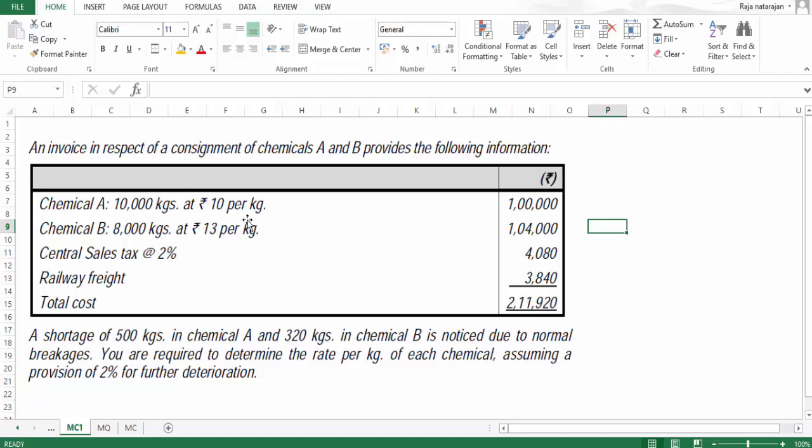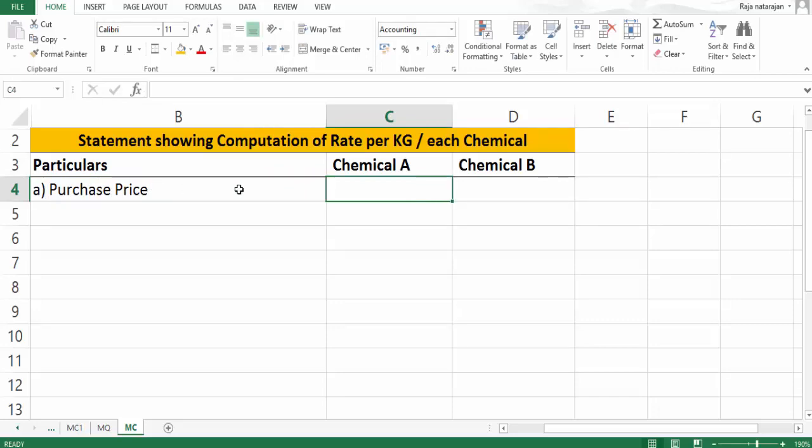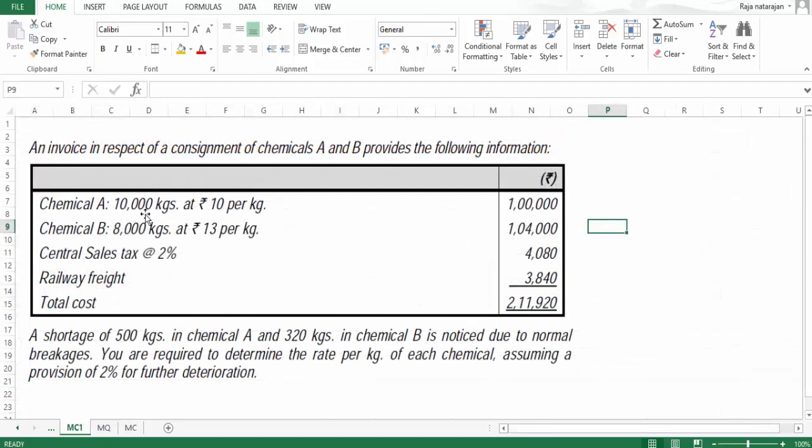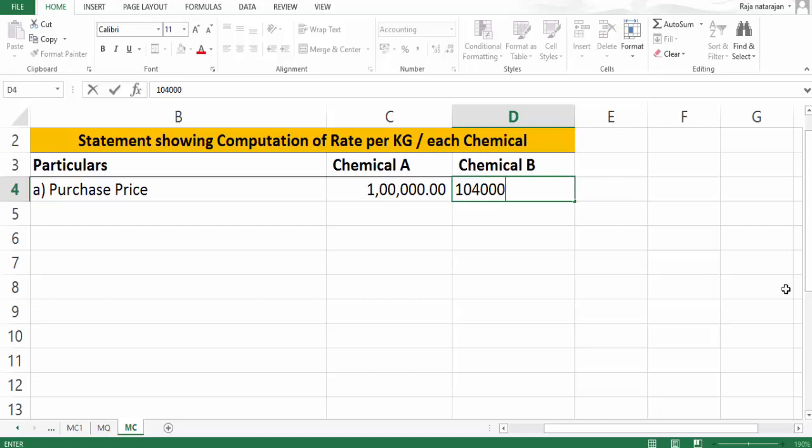To start with, let's take chemical A and B purchase prices, item number A. For chemical A it is 1 lakh, chemical B is 1 lakh 4,000.